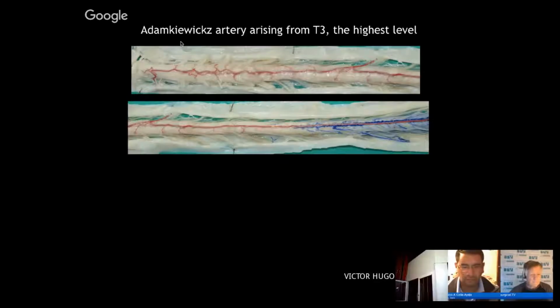This Adamkiewicz artery is arising from T3. You can go through all the nerves, beginning at the upper segment: C1, C2, C3, C4, C5, C6, C7, and then T1, T2, T3.